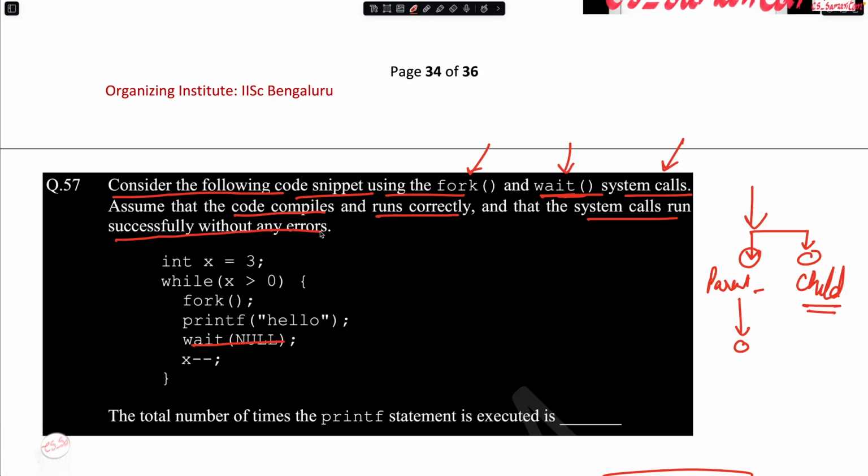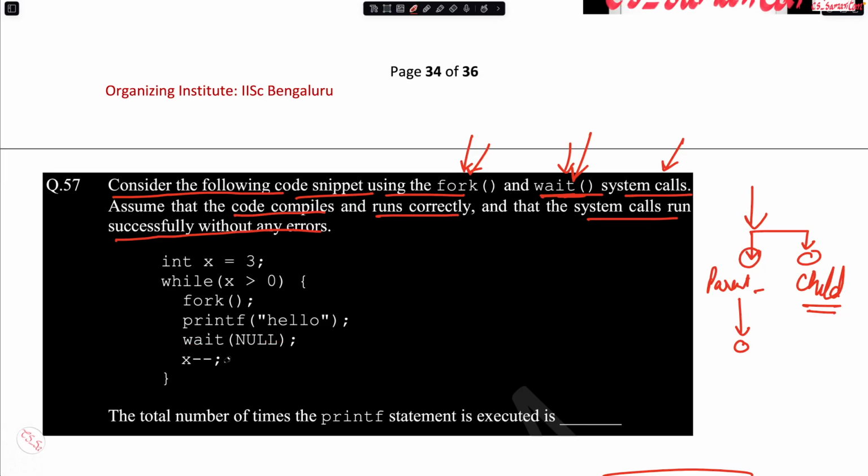So both system calls have been immensely simplified, and a lot of dynamics has been skipped. I do hope you are able to follow that part.